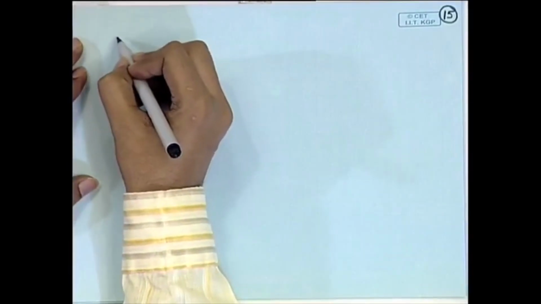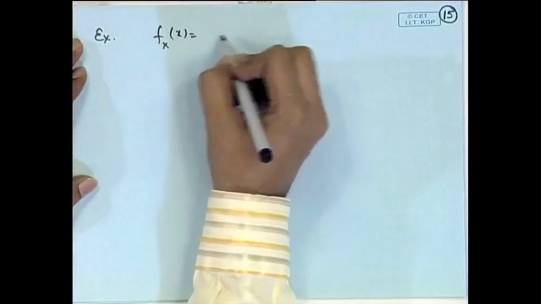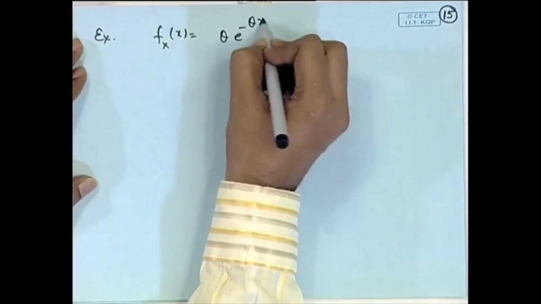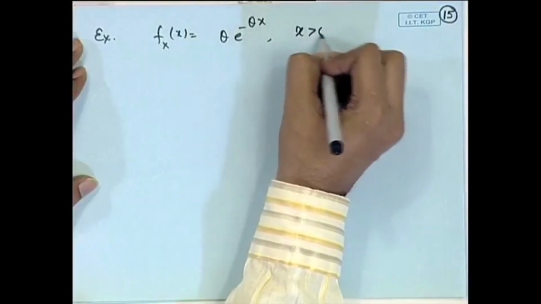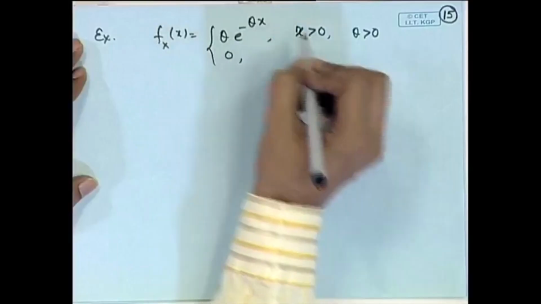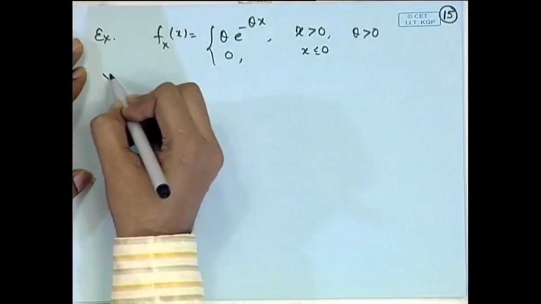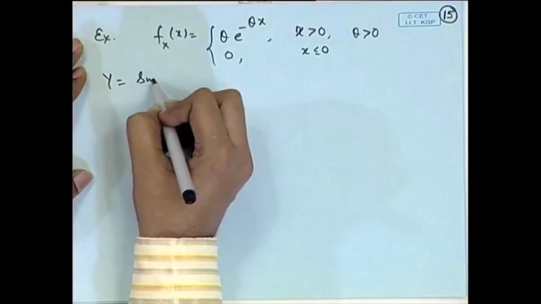Let us take one example here. Say f x is theta e to the power minus theta x for x greater than 0. That means it is an exponential distribution with parameter theta. Consider y is equal to say sine of x.